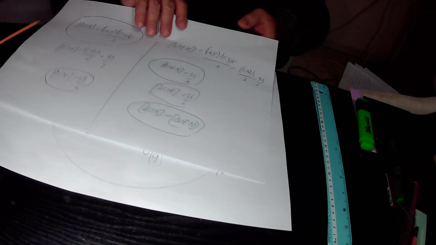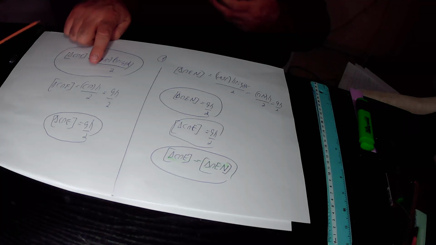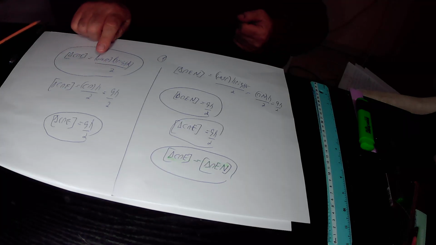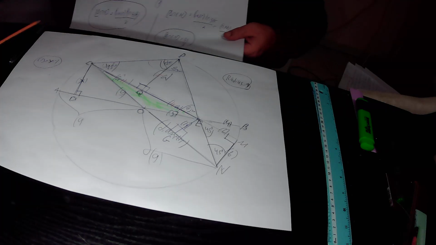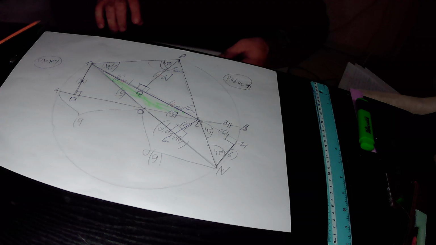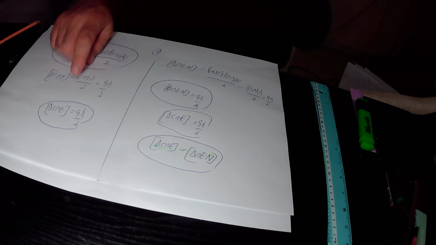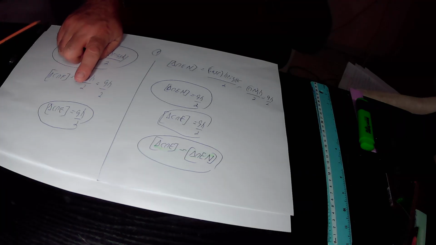So in total, the area of the given triangle COE equals 9H over 2 square units in size.